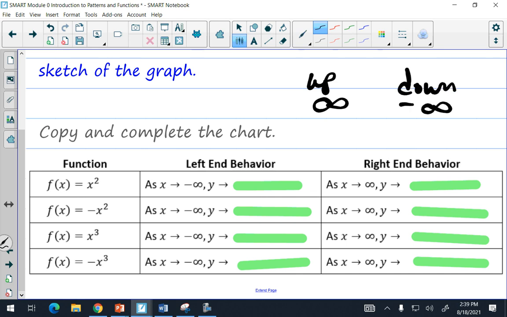Your left end behavior is as x approaches negative infinity. That's why these are all negative. Your right end behavior is as x approaches infinity. So what is happening on the left and what is happening on the right. You're going to copy and complete this. You're going to take a picture of all of your notes, including this table, and you are going to submit it to the task.